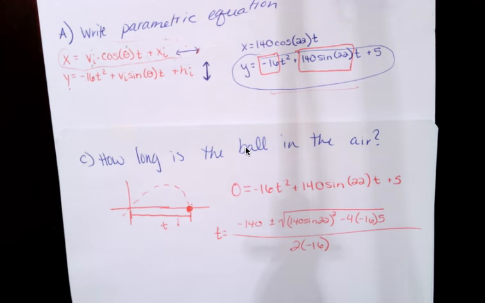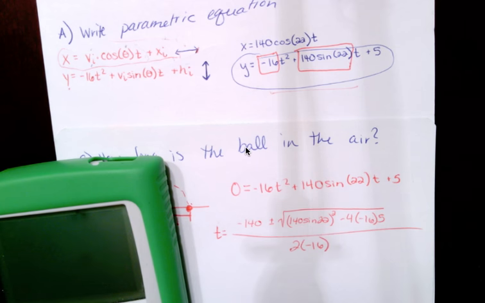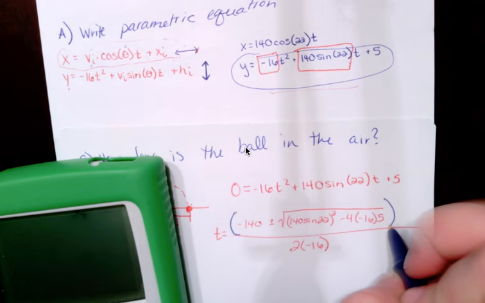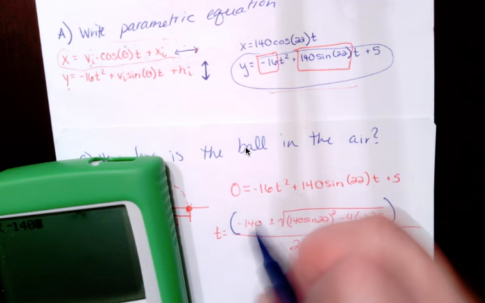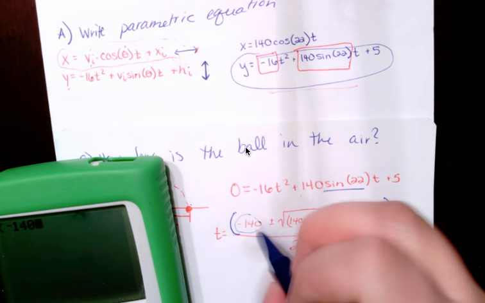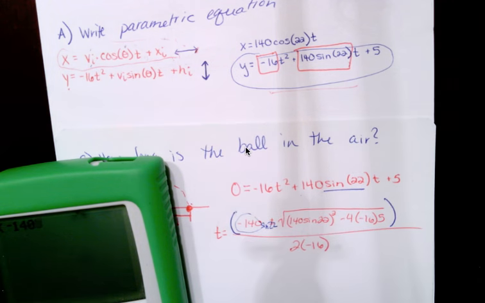And then to type that into your calculator, you have to be really careful. If I'm typing it all in, I know this entire top has to be in parentheses. So I'm going to go negative 140. Oh, and actually I would have screwed this up, because the opposite of b, well, this whole thing's b, so this should have sine of 22 in there. Sorry. Negative 140 sine of 22. I'm going to do the plus first. Square root.